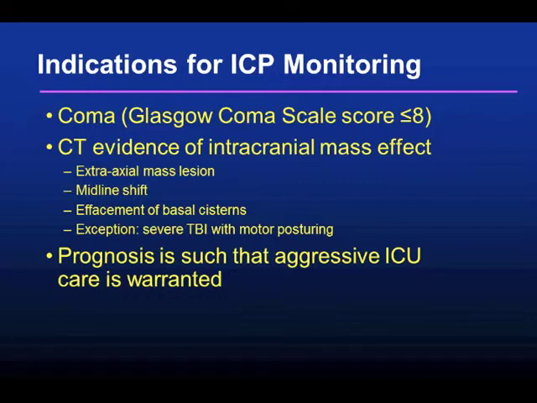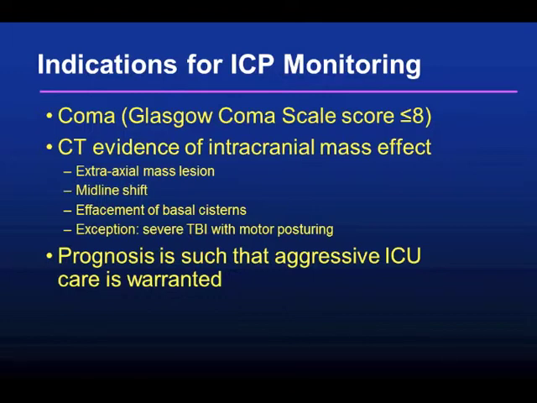Number 2, there needs to be imaging evidence of an abnormal increase of volume in the skull, what we call intracranial mass effect. This may take the form of an extraaxial mass lesion, hydrocephalus, or swelling of the brain and effacement of the basal cisterns, or midline shift.